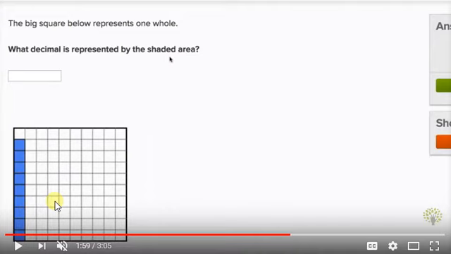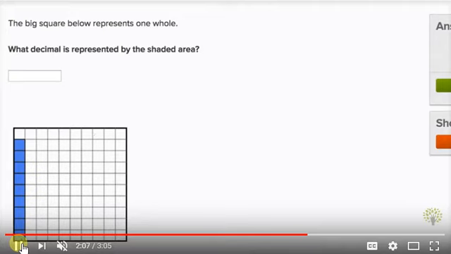Are your answers different? If they are different, discuss why they are different. Who has got the right idea on the right decimal representation for this shaded part? I hope you have done that. Now let us check whether your answer is okay.